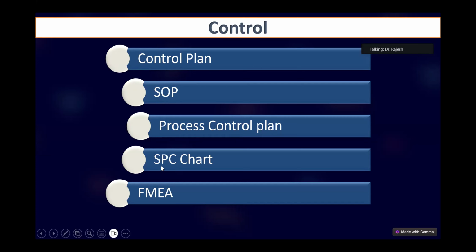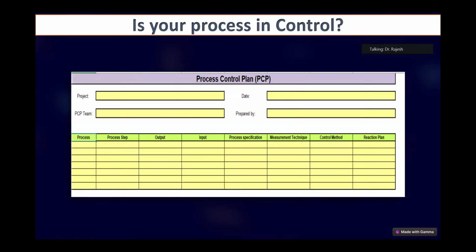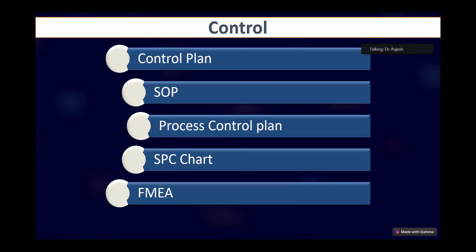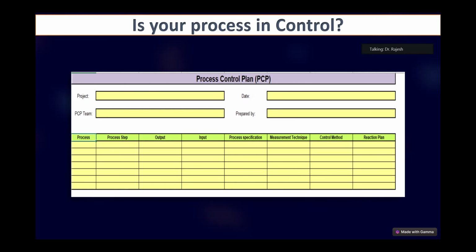Then I'm going to use my SPC chart and my FMEA; these two are very, very important. This is what we discussed: the first one is the process control plan, and this is a template.